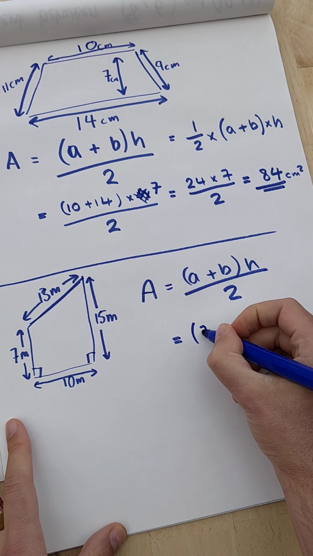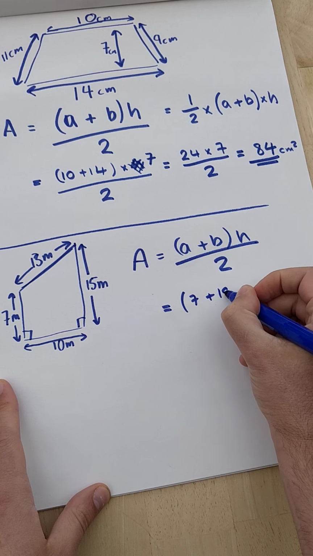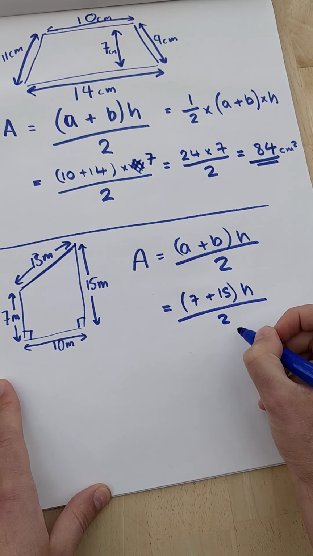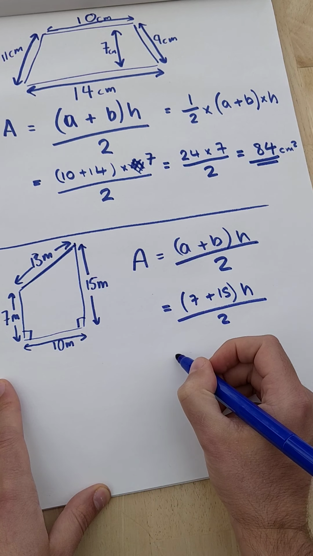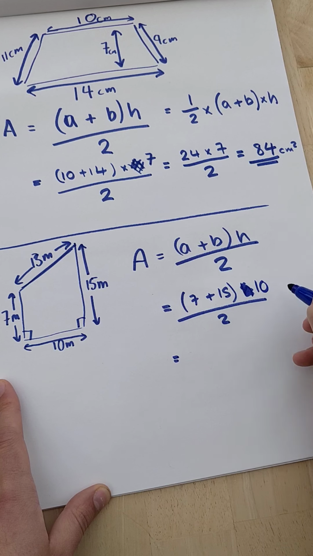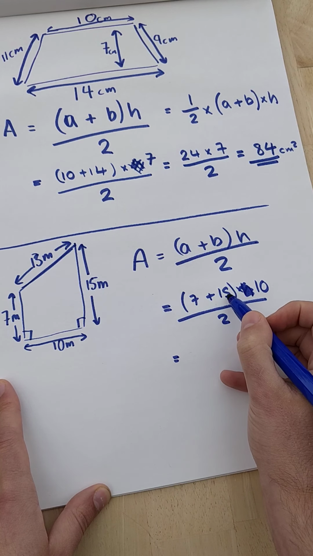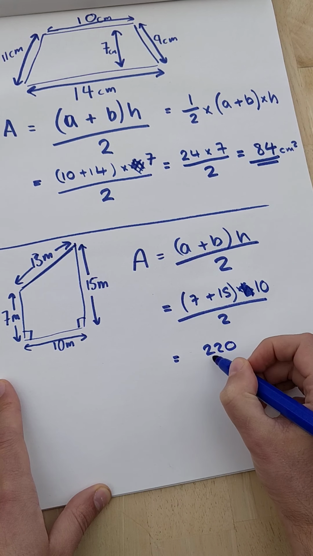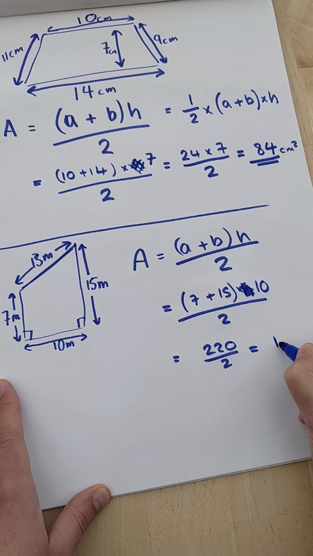So we've got 7 plus 15 times the height of 10, over 2. So 7 plus 15 is 22, times 10 is 220, over 2, which is 110 meters squared.